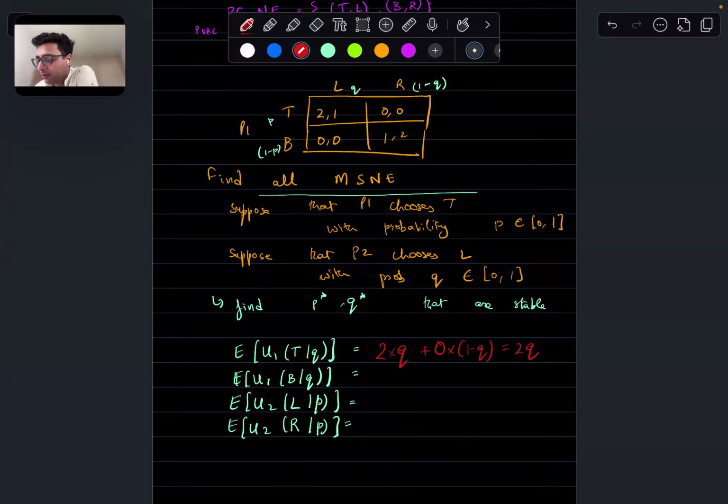When player one chooses B, player one gets this 0 with the probability Q, and this 1 with the probability 1 minus Q. Right? Because player 2 chooses L with the probability Q and R with the probability 1 minus Q.